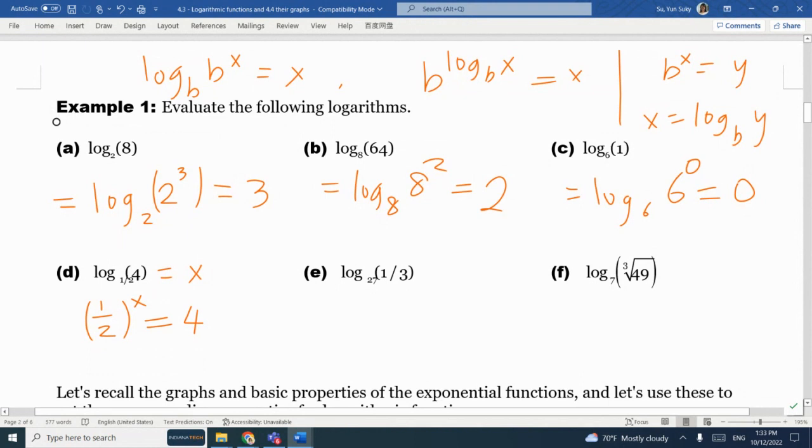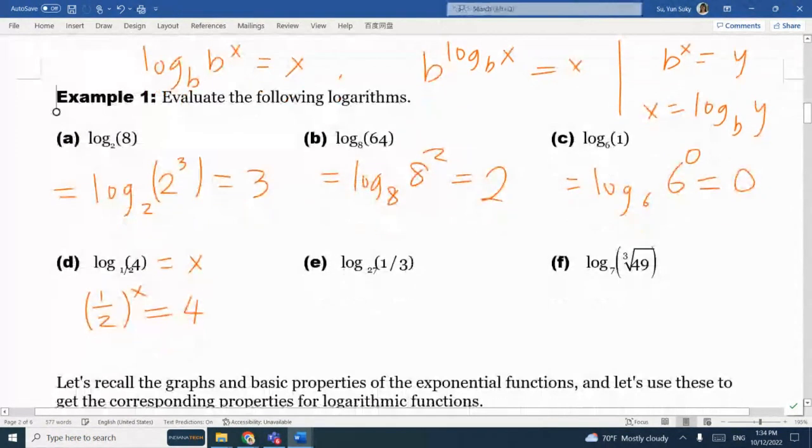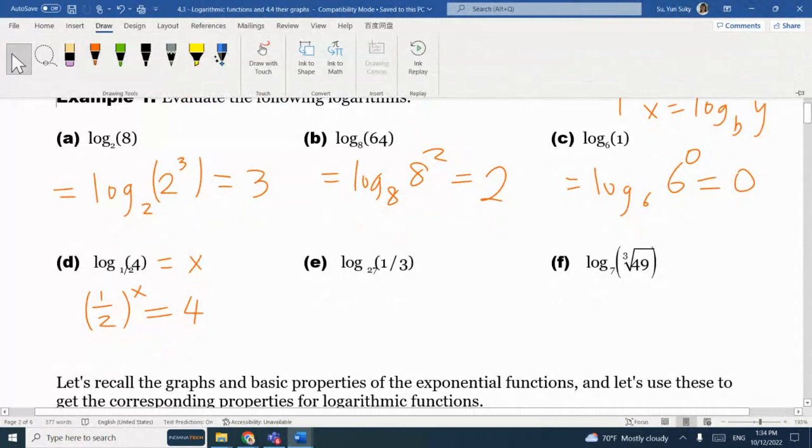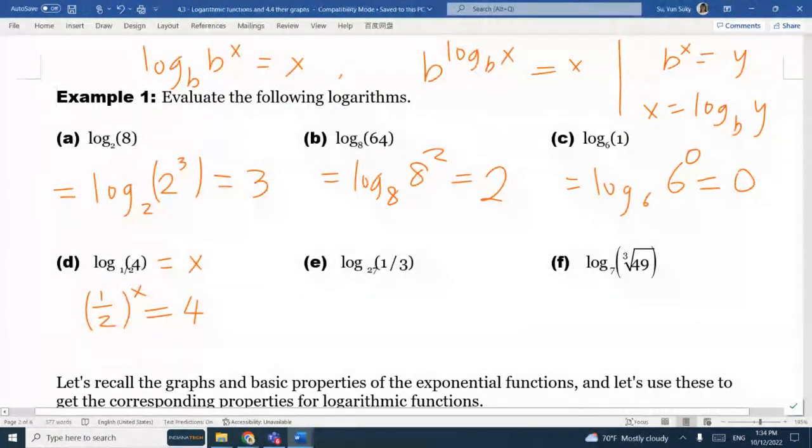Okay, now let's transform both sides with the same base. What's 1/2? 2 to the -1. Exactly. So on the left hand side, we have 2 to the -1, to the x, which is 2 to the -x.